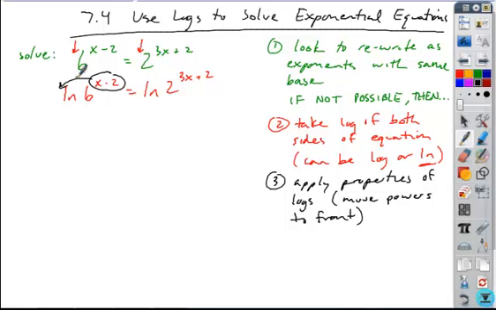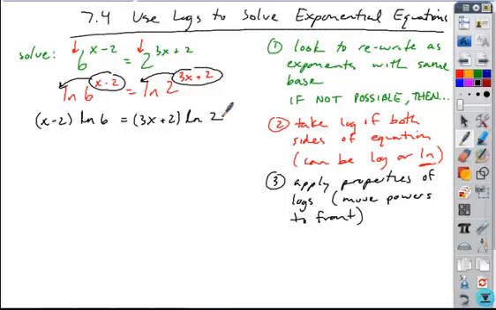Okay, so we're going to take our x minus 2 and move that in front. And here we're going to take our 3x plus 2 and move that in front as well. So you're going to apply the properties of logs to move those powers out front.